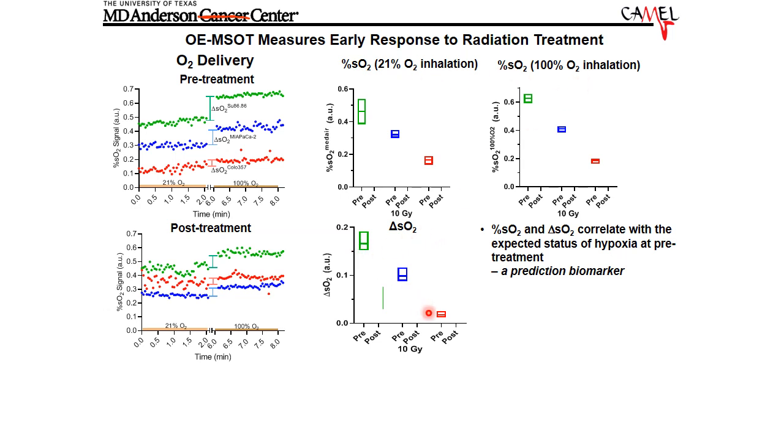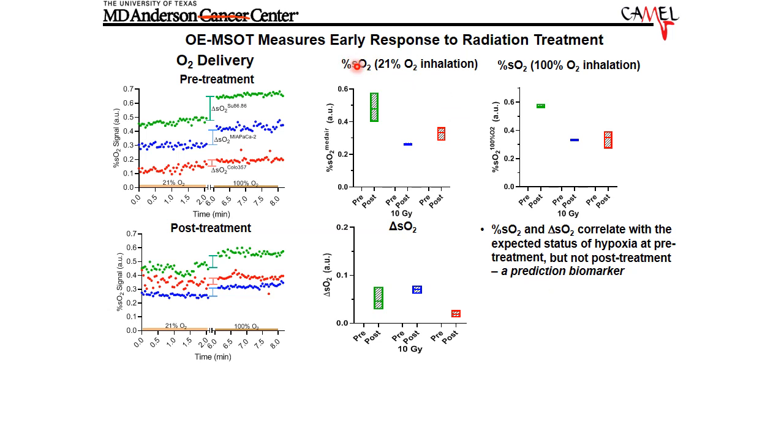Also, the delta SO2 then also shows which tumors are normoxic and hypoxic. So this is a prediction biomarker. We can tell before applying radiation therapy which tumors are normoxic and which ones are hypoxic, and therefore how well the radiation therapy should work.